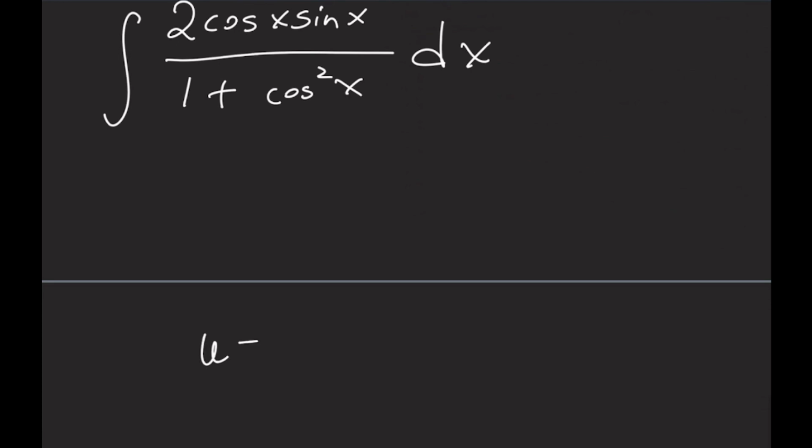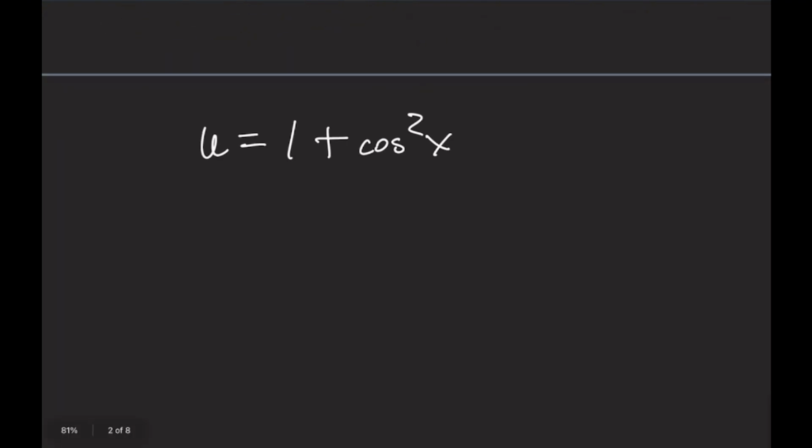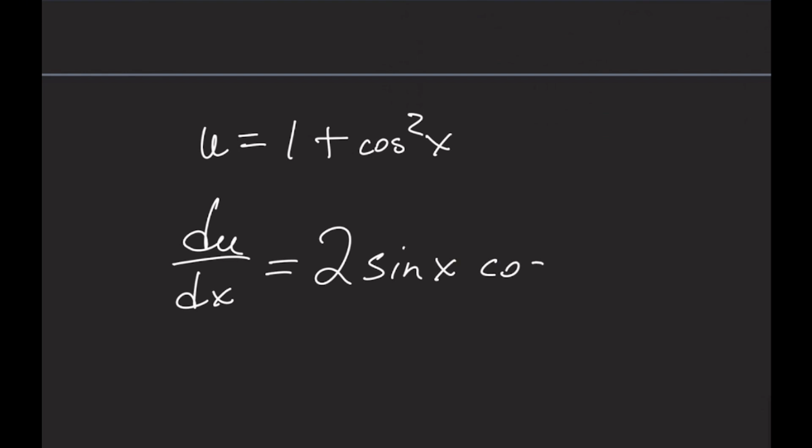So if we pick u equal to 1 plus cosine squared x, then what is du/dx? You can use the chain rule for this. But du/dx is equal to 2 sine x cosine x.